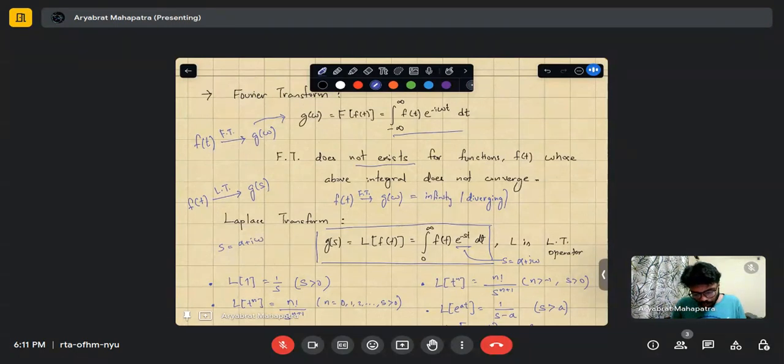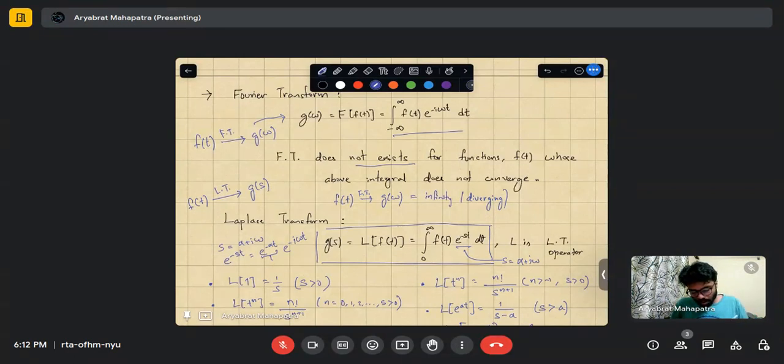This alpha, what it does when you take minus st, so you basically have minus alpha t and minus i omega t. So this alpha t suppresses the diverging nature of your functions when you try to do these Fourier transforms, because here you will not have this problem of divergence.